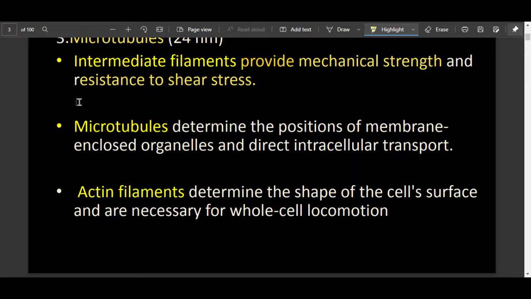Number two, microtubules determine the position of membrane-enclosed organelles, and they direct intracellular transport. Microtubules can direct the intracellular transport system.